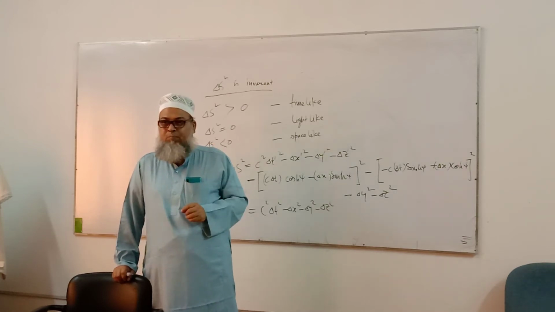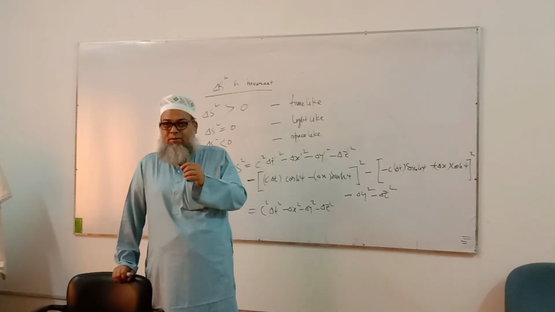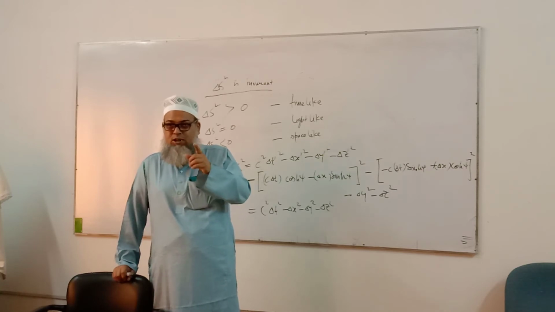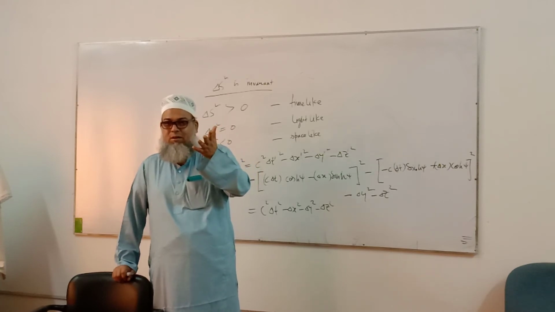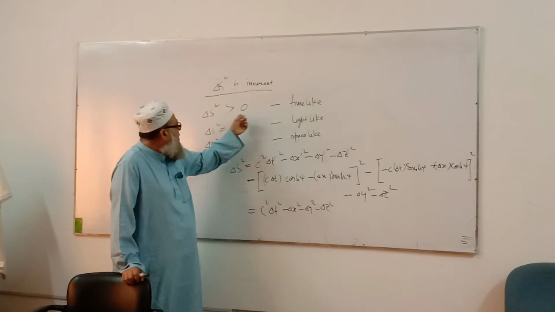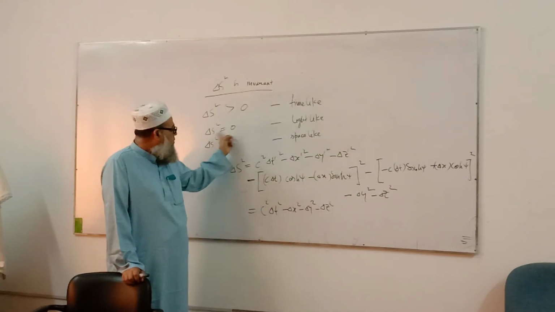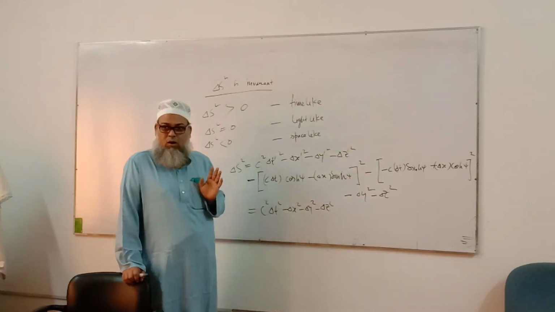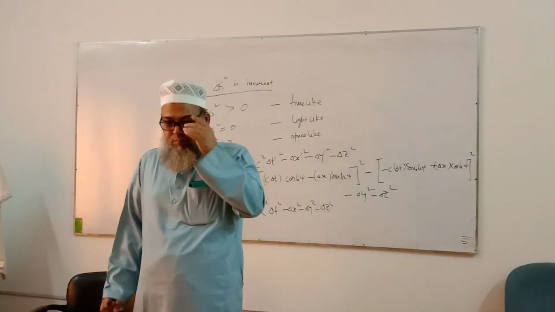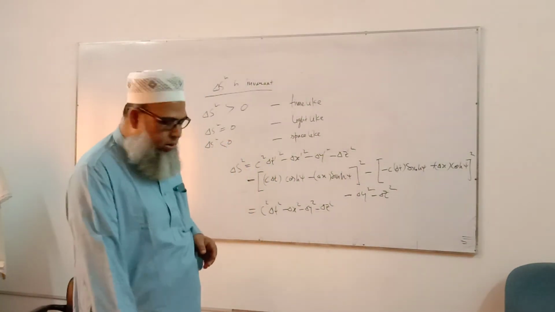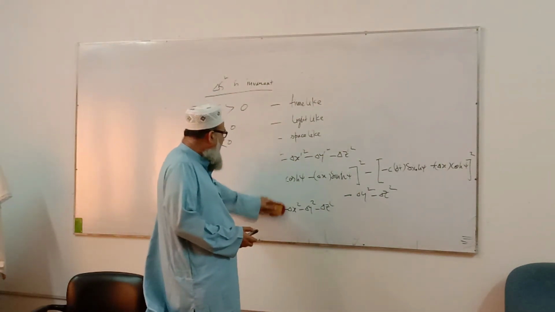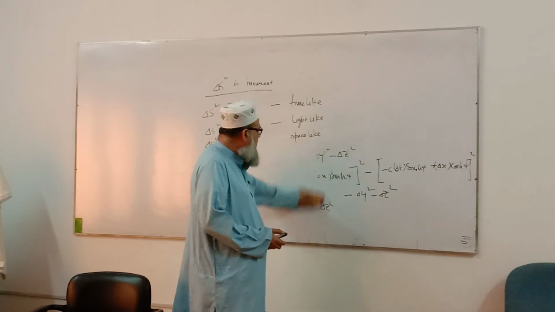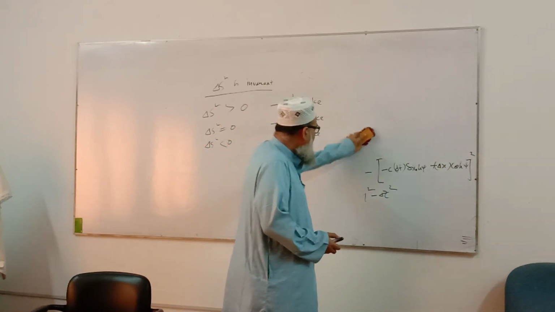You cannot find two events separated time-like in one frame and space-like in another frame. You cannot find it. Alright, this definition is invariant. Okay, now let's see what the diagram would be of these three separations.